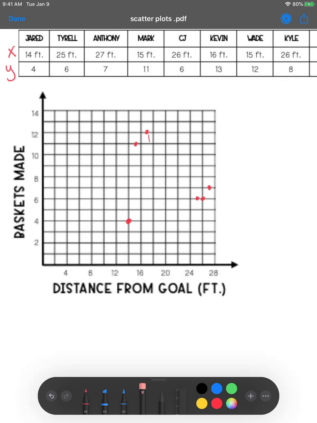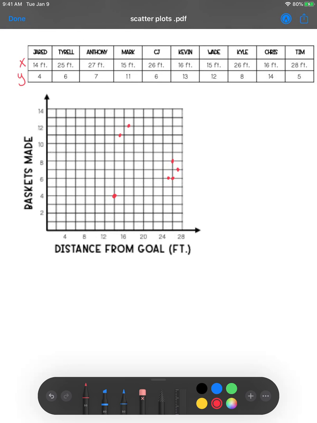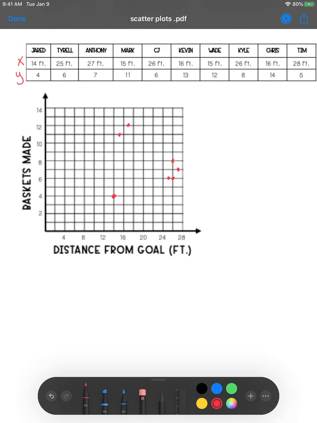About right there. And then Kyle is 26, comma 8. Just right there. And then Chris is going to be 16, comma 14. Up there. And Tim is 28, comma 5. It's right here.